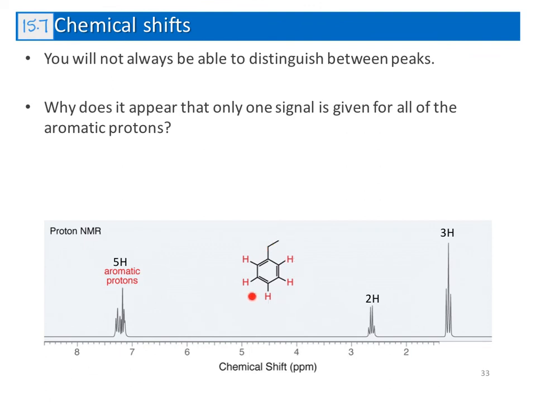However, these protons that appear further downfield between 7 to 8 ppm, you cannot distinguish between them because their multiplicities are very close to one another, and they are going to appear on top of each other.